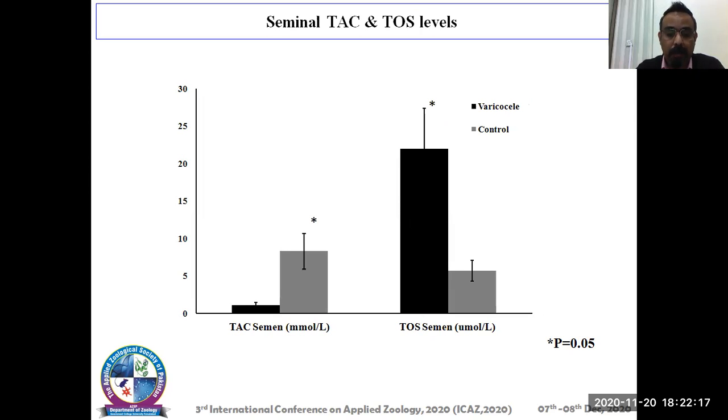The total antioxidant capacity in the semen was also found to be significantly low as compared to the healthy controls, and total oxidative status was also found to be extremely high in the varicocele patients as compared to the healthy controls.